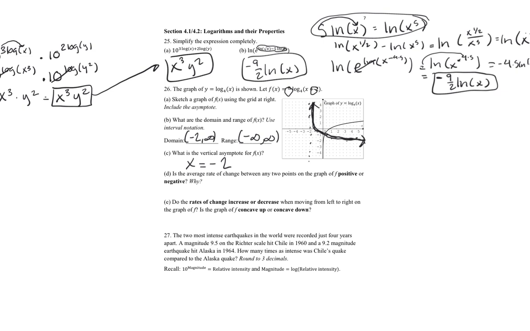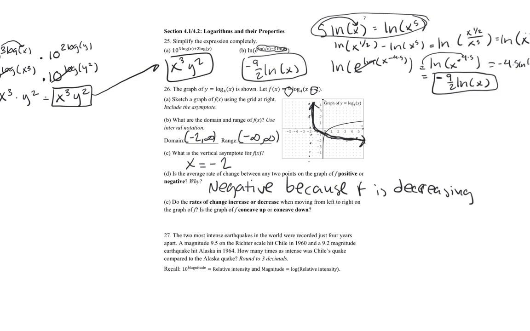And so that would be negative, because f is decreasing. So that means the average rate of change must be negative because f is decreasing. So I'll just say negative because f is decreasing.